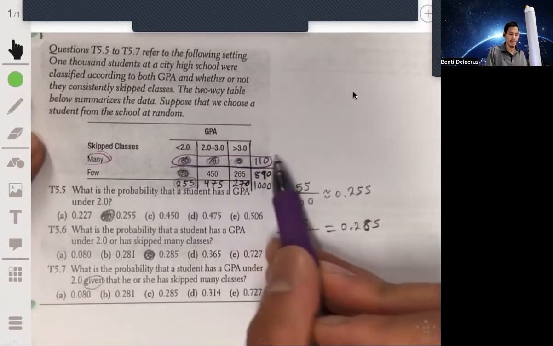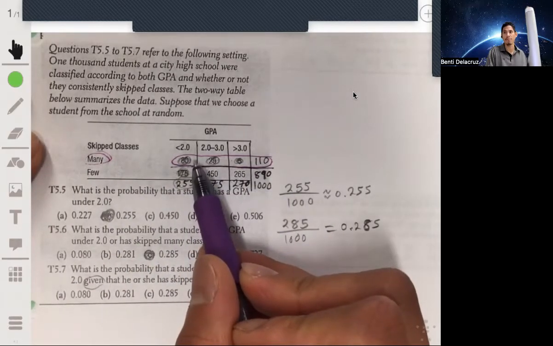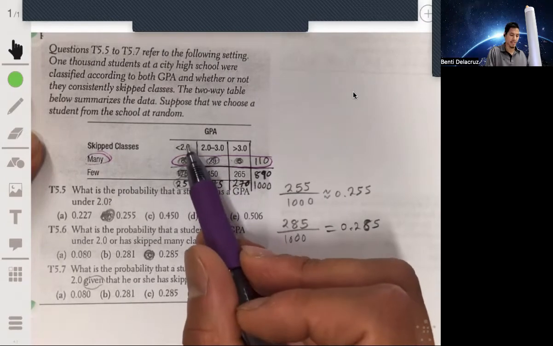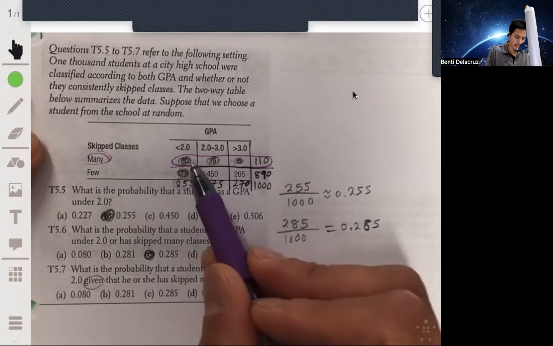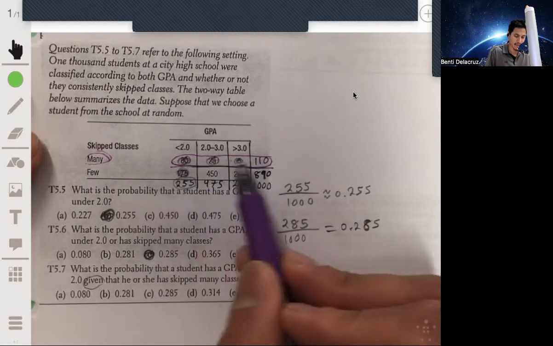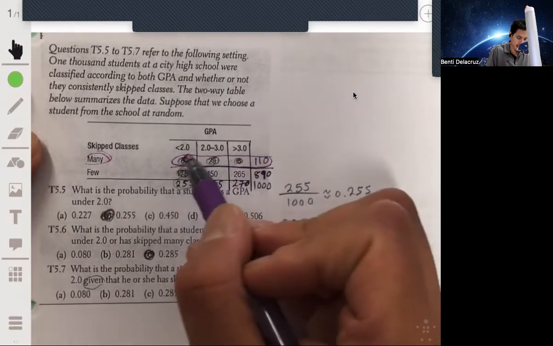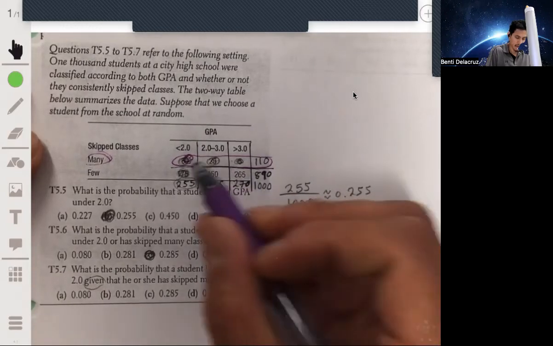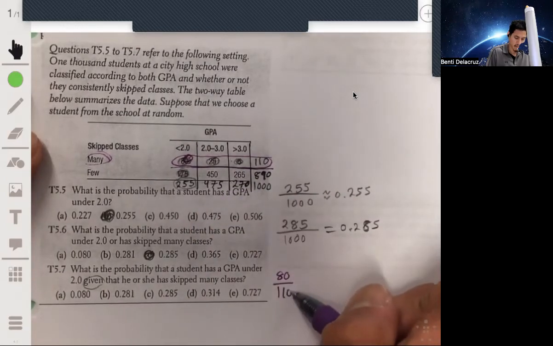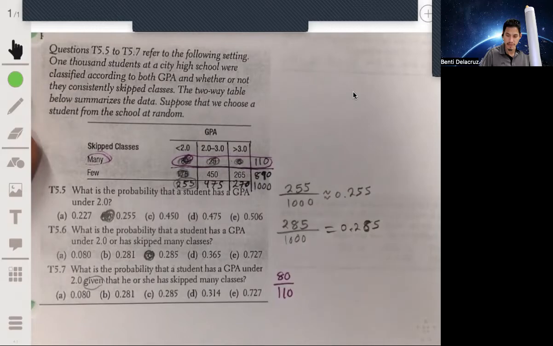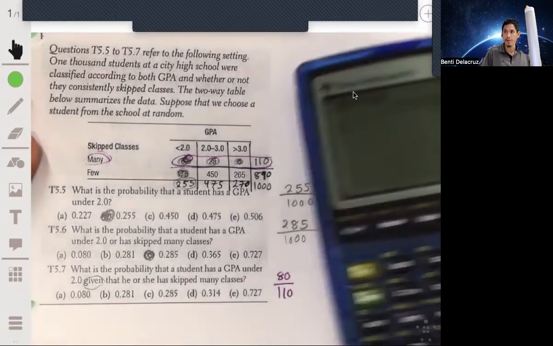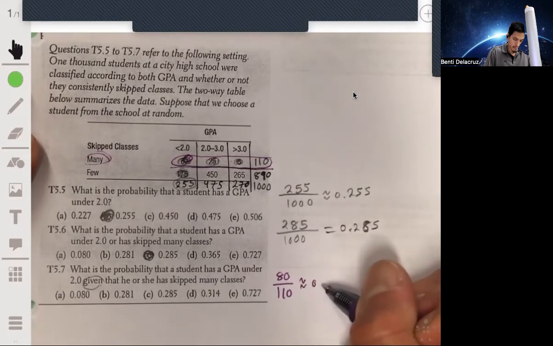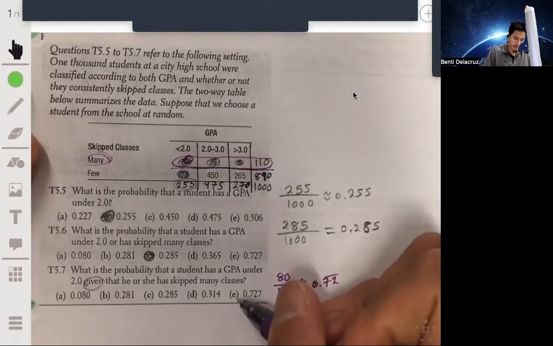Now we look at how many of these individuals had less than a 2.0. The individuals that have less than a 2.0 in this row are just these 80. So we take 80 out of the total in that row, which is 110, and we get about 0.72 repeating. And so then our answer is B.